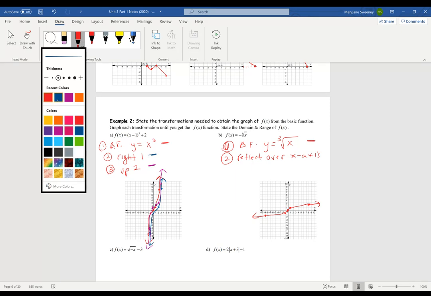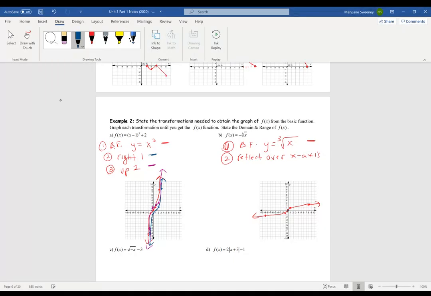And then you would take a different color, do a reflect over the x-axis, which negates the y value. So 0, 0 stays in the same place. This comes over here. We go -8, 2, 1, -1, and 8, -2.